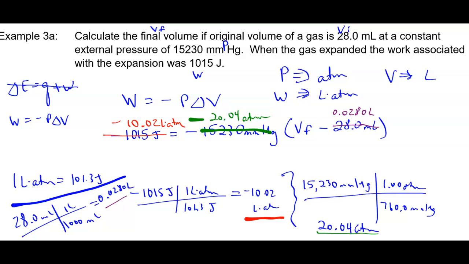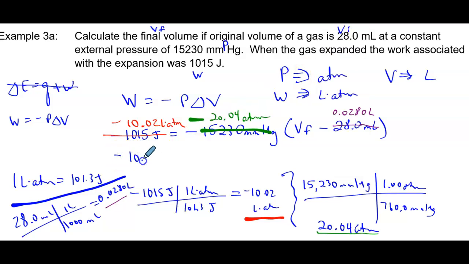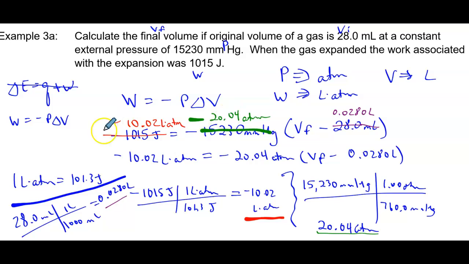So after I get all those conversions done, to be able to use this properly without having to worry about units, I get a clean answer, or work, I should say, of negative 10.02 liter atmospheres equals negative 20.04 atmospheres times VF minus 0.0280 liters. Okay, so that's cleaning up what I've changed and converted.